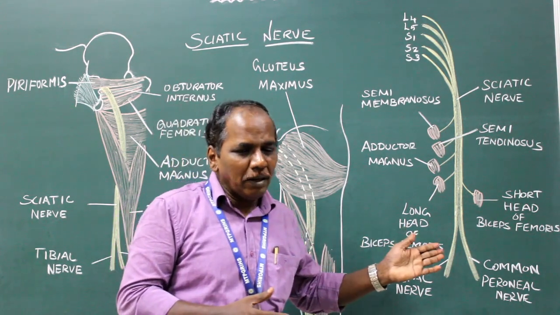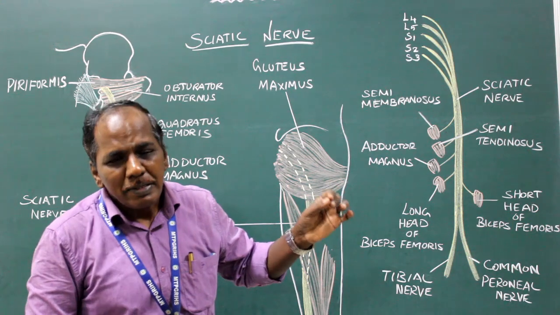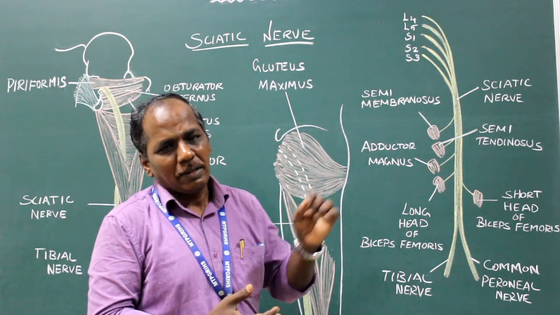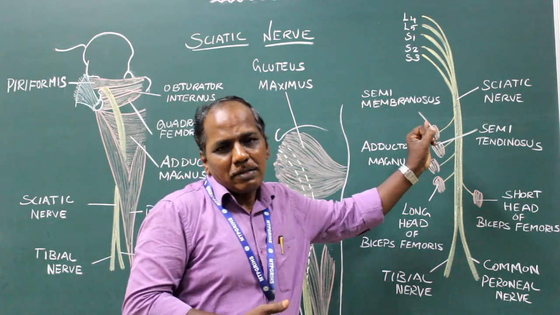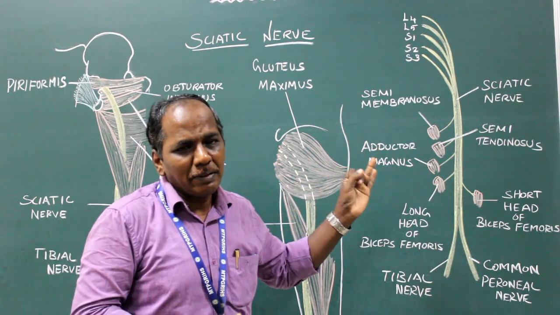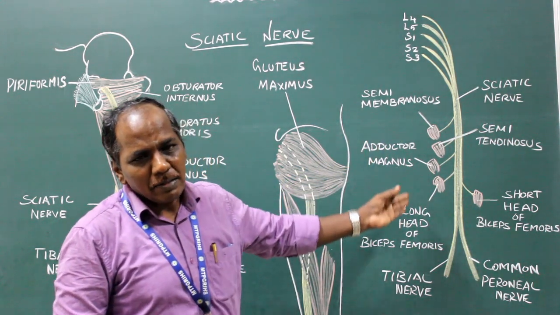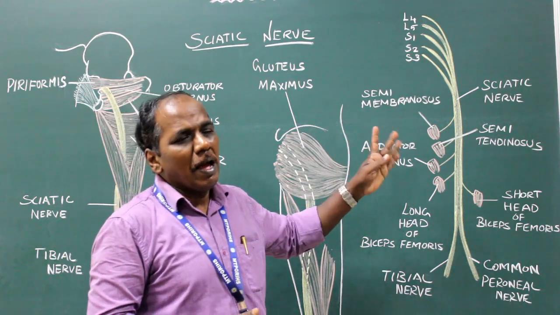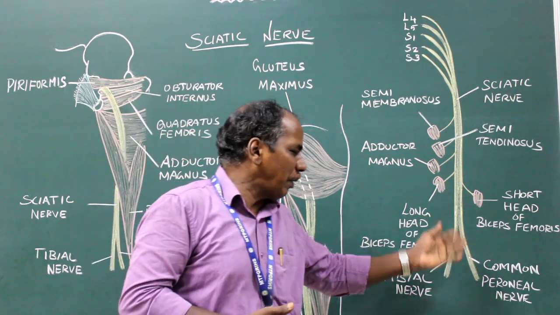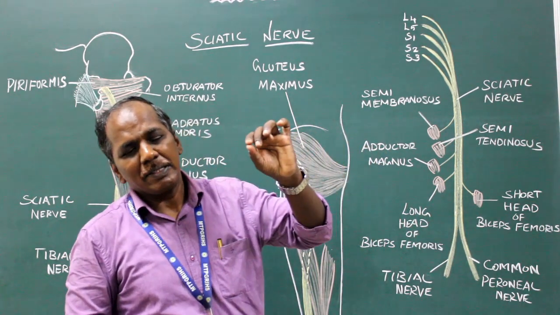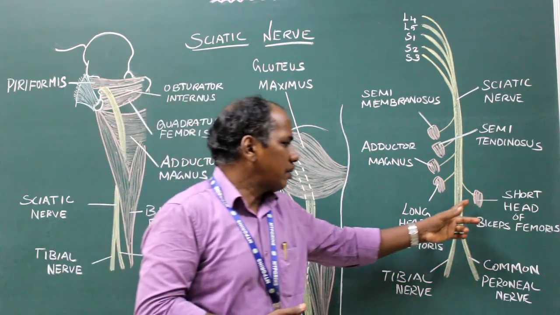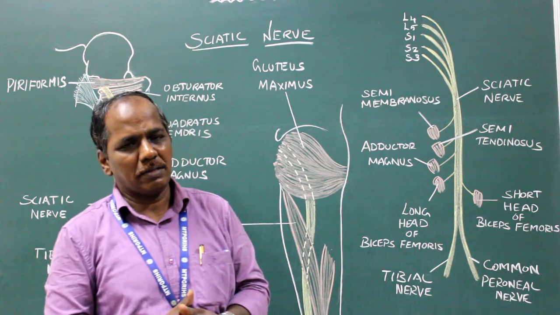The tibial component gives muscular branches to hamstring muscles, that is number 1, semitendinosus, number 2, semimembranosus, number 3, long head of biceps femoris, number 4, hamstring part of the adductor magnus. The peroneal component of the sciatic nerve gives muscular branch to short head of biceps femoris.